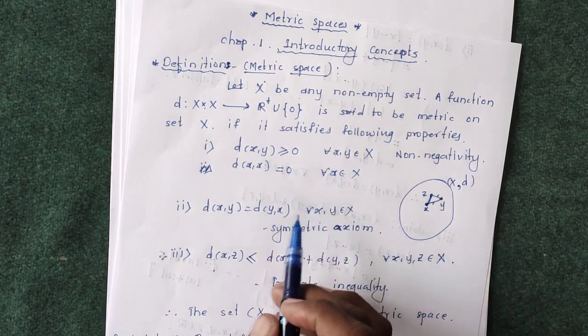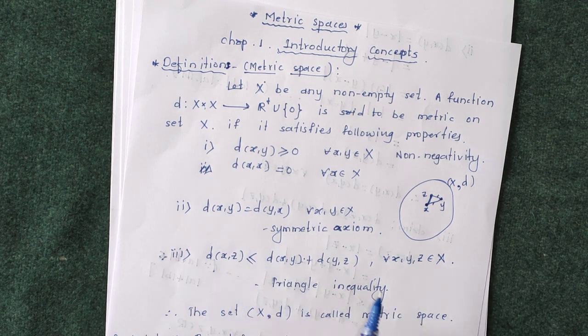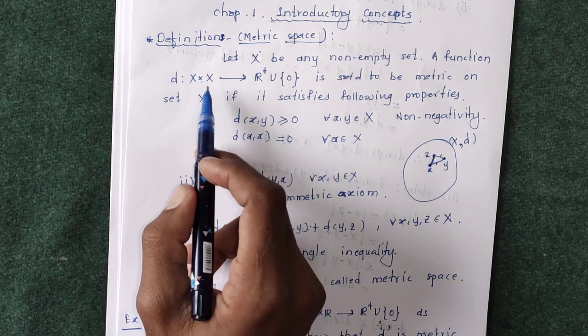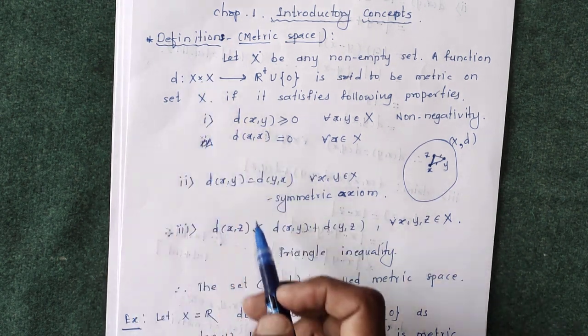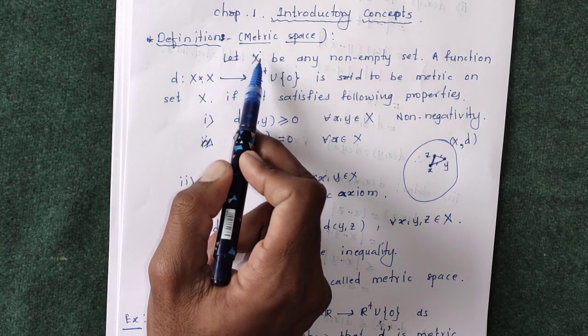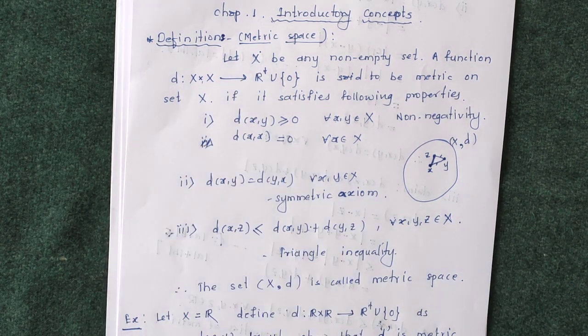First one is non-negativity, second one is the symmetric axiom, and third one is the triangle inequality. If our function D defined on non-empty set X cross X satisfies these properties, then we say that this D is a metric on X, or we say that this X, D is a metric space.